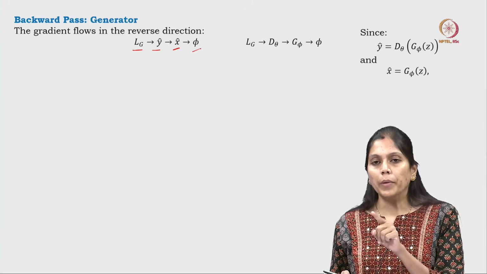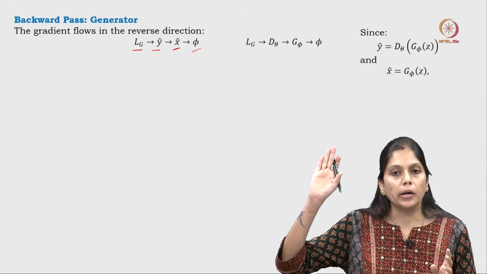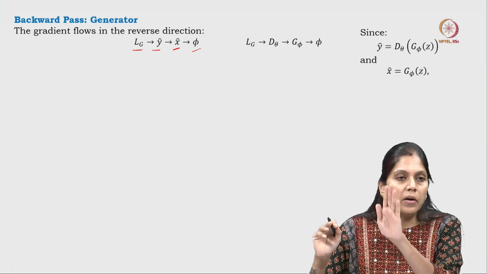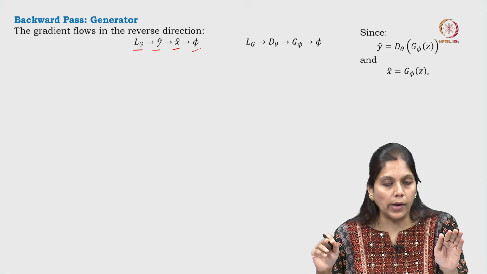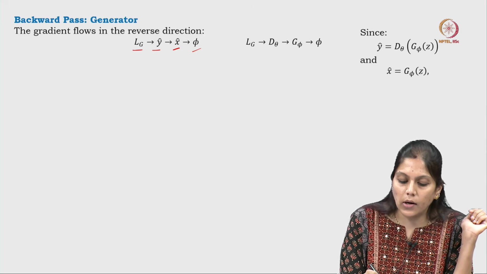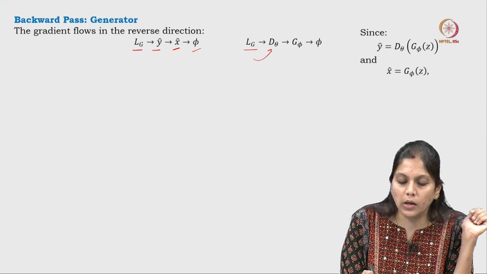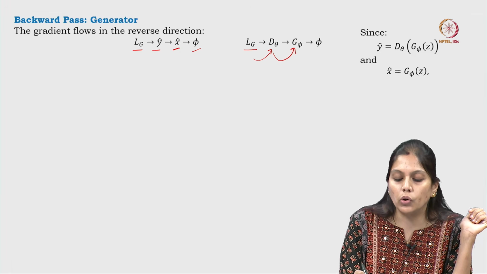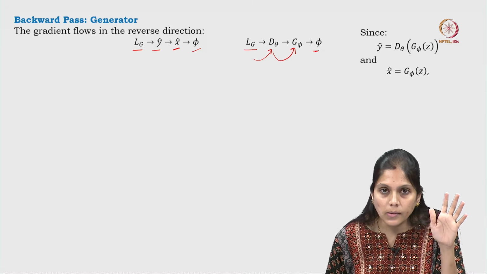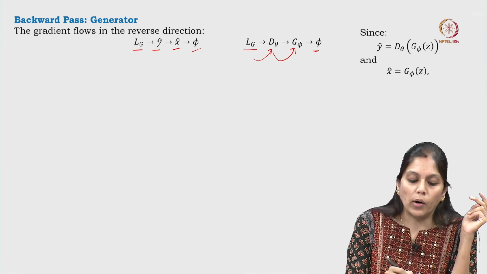This is the flow. During back propagation, you are calculating the loss. From the loss, you reach y hat. From y hat, you get to x hat. From x hat to the parameters phi. So, is it not from the loss, you first reach the discriminator. From the discriminator, you will reach the generator parameters phi. In this, there are two important terms. What is y hat?